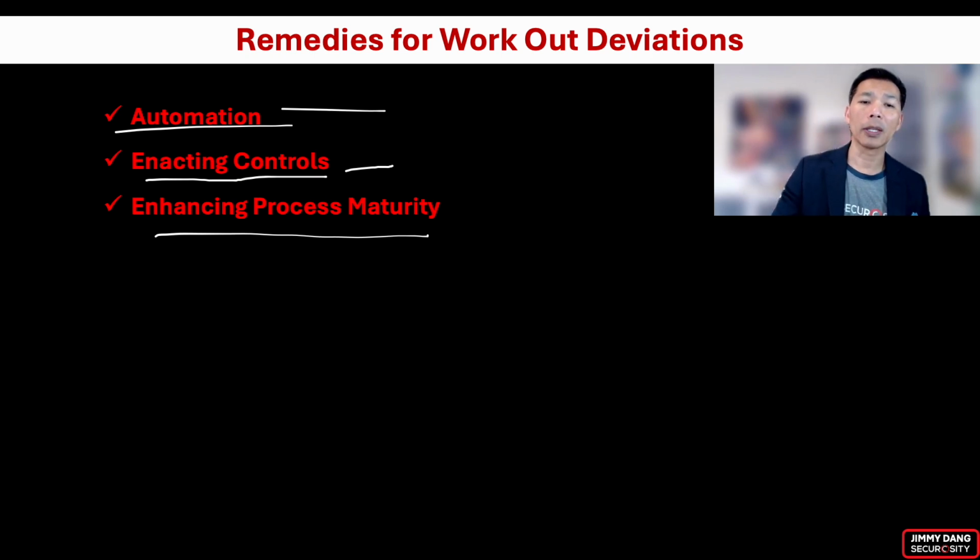Next up is enhancing process maturity. Organizations can enhance process maturity by making changes that include adding key metrics or generating comprehensive logs for analysis. This approach improves process understanding and facilitates continuous enhancement over time.